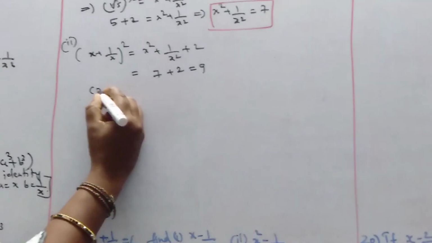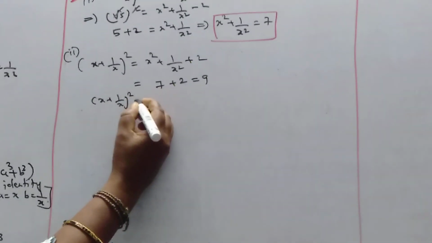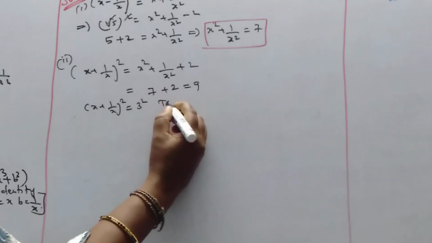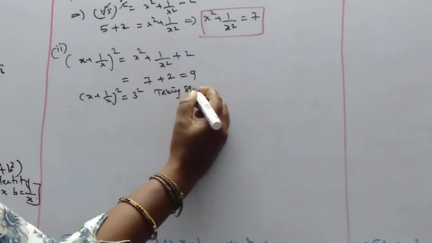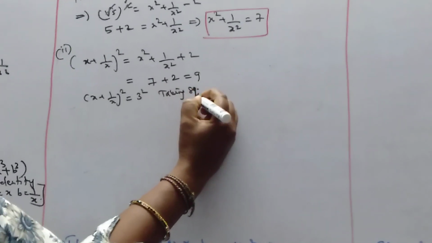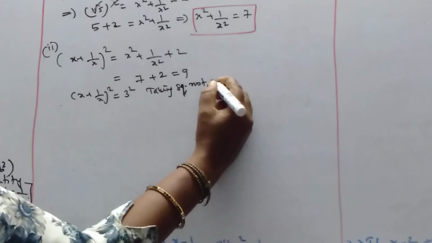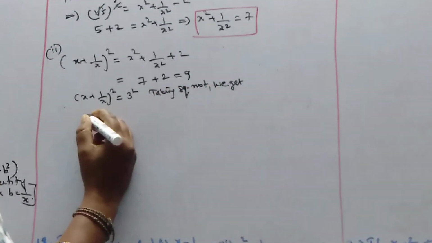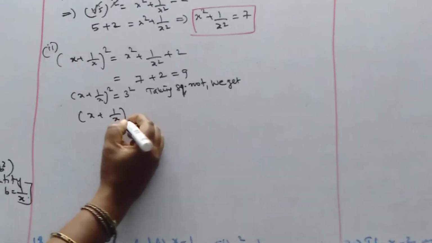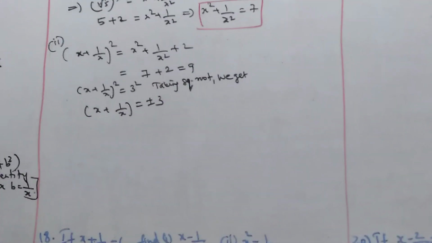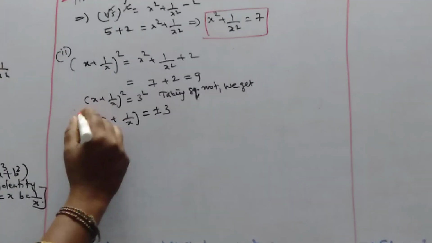So (x plus 1 by x) the whole square equals 3 square. Taking the square root, we get x plus 1 by x equals plus or minus 3, which is the solution of the second subdivision.